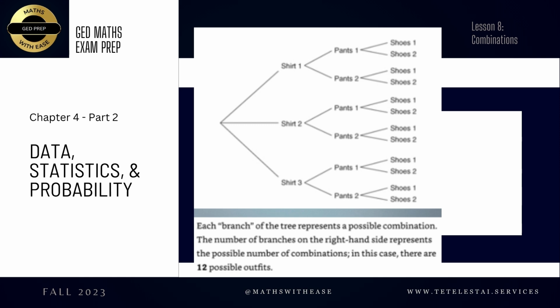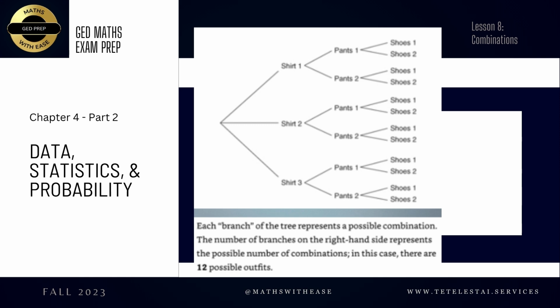Well, again, he only has 2 pairs of pants that he can choose from. And let's say he went with the first pair. Once he's put on his pants, now he's got to decide which pair of shoes. Is it the first or the second? Okay, and you just follow that logic until you've exhausted all the options that are available to you.